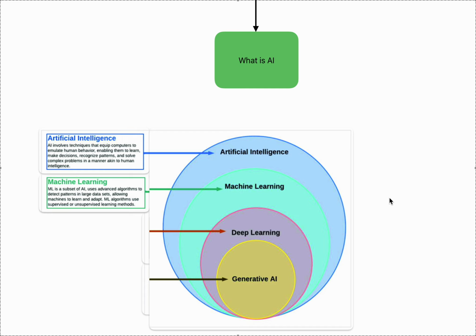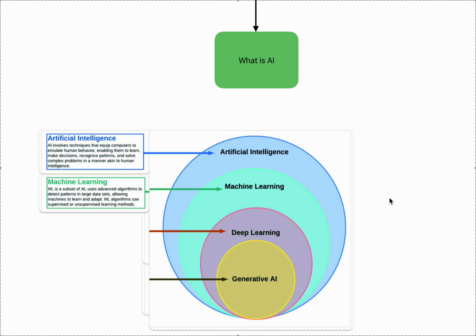Again, machine learning uses advanced algorithms to detect patterns, which is very interesting. Machine learning has a lot of classifications under it. The biggest ones are supervised and unsupervised methods, and each one of them has so many models under it that we are going to see one by one as well.